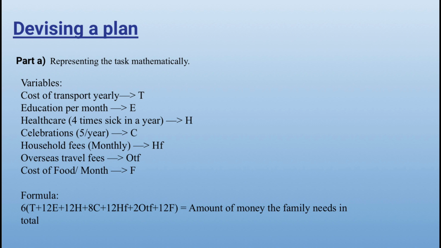The cost of transport yearly will be represented by T, education per month represented by E, cost for healthcare 4 times per year represented by H, celebration 5 times per year represented by C, household fees monthly represented by HF, overseas travel fees represented by OTF, cost of food per month represented by F. Hence, the formula will be represented using this simple equation: 6T + 12E + 12H + 8C + 12HF + 2OTF + 12F equals the amount of money the family needs in total.